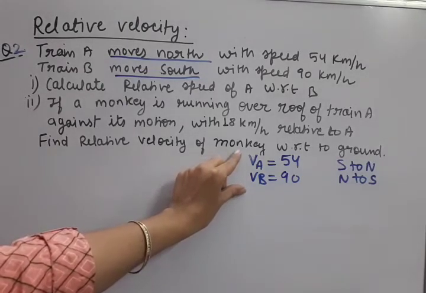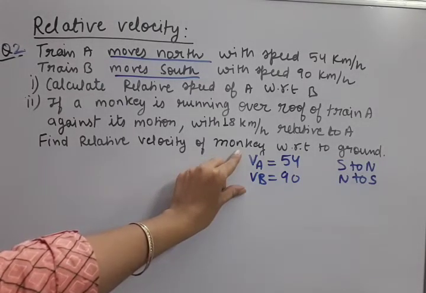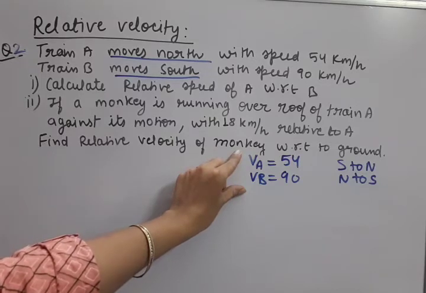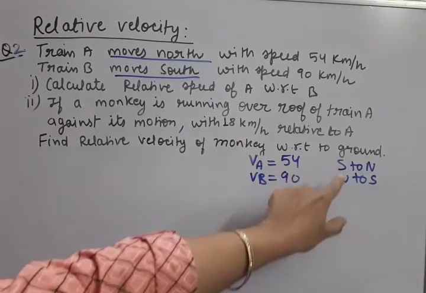As I have told you, for solving the question, first of all, always we have to prepare the datas in the same direction. So let us select any one direction.